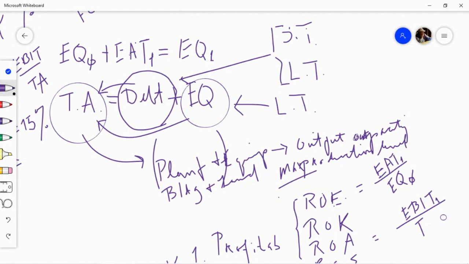So think about it. When we say capital, that's what is meant by long-term debt and equity.